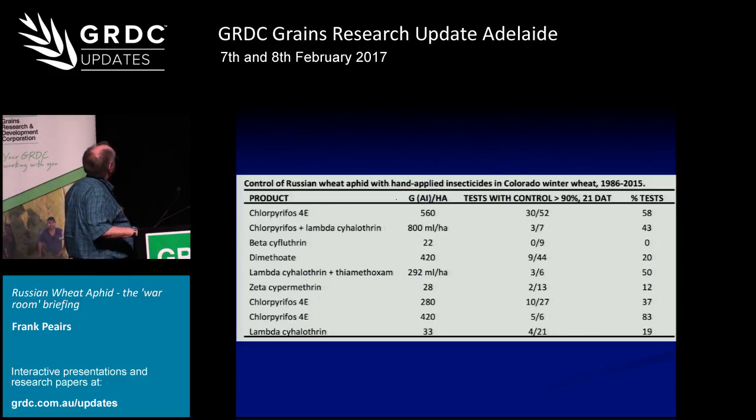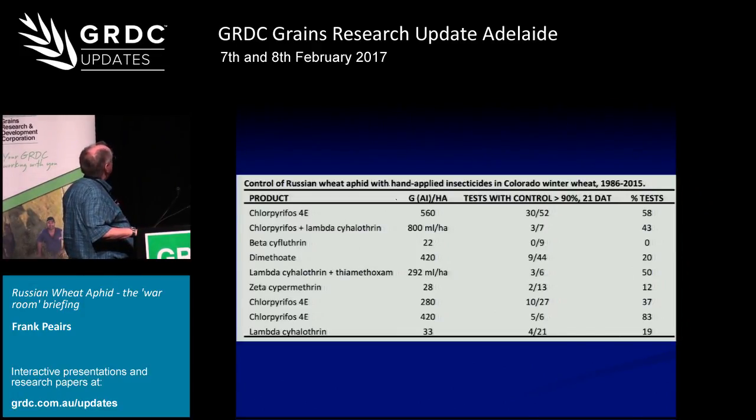The way this table is set up is the total number of tests that we have conducted, and then out of those tests, how many achieved this level of control that I consider to be good.